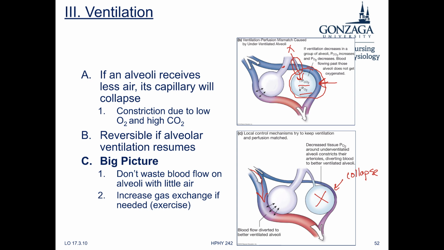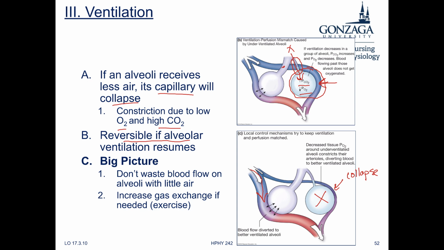Okay? So let's look at the text over here. So basically, when an alveoli receives less air, its capillary is going to collapse, and this is due to low O2 and high CO2. So it's a combination of both. It's a local mechanism, a paracrine response. However, it is reversible if the alveolar ventilation resumes.